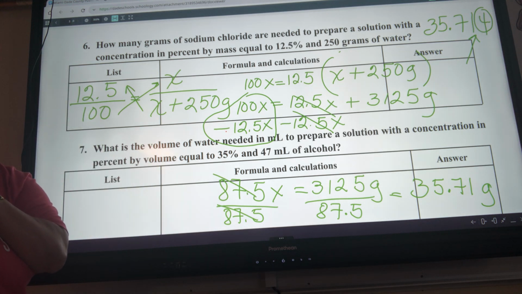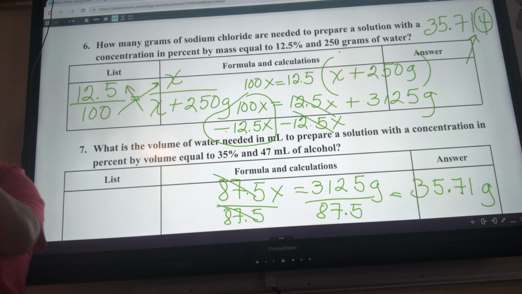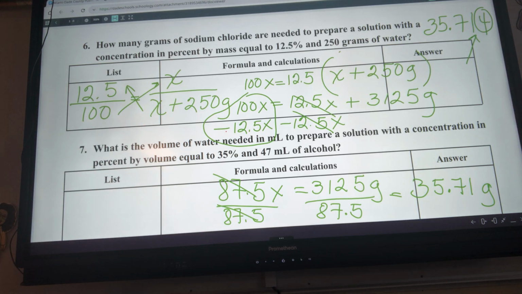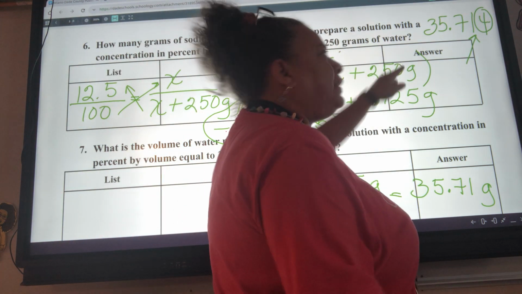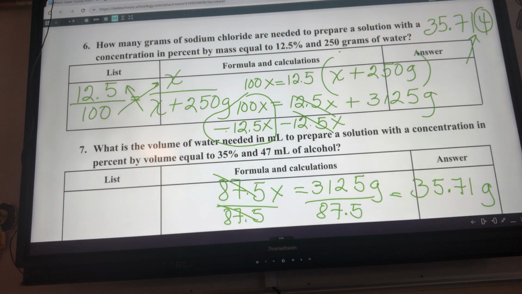Solution is equal to the solute plus the solvent. I gave you the solvent. We calculated the solute. Now I want the mass of the solution. How? That's it. Adding the 250 and the 35.71, you have the mass of the solution. Questions about that?